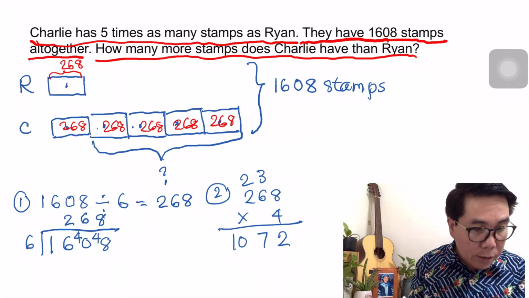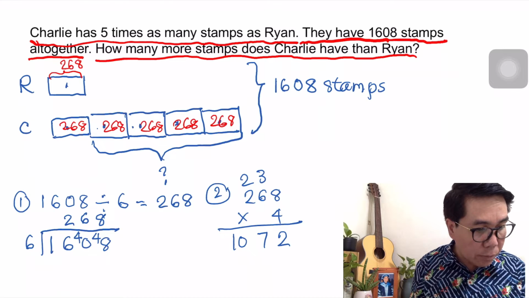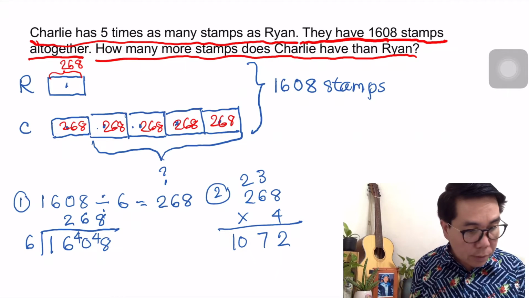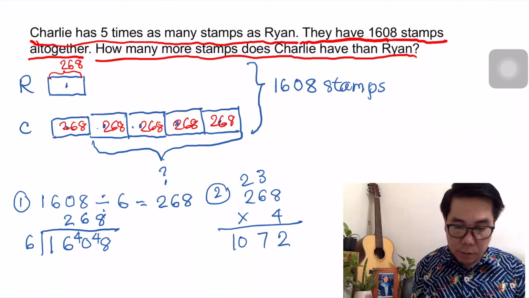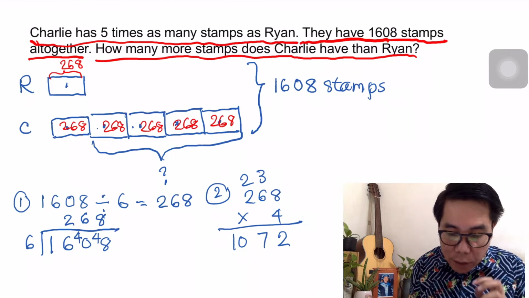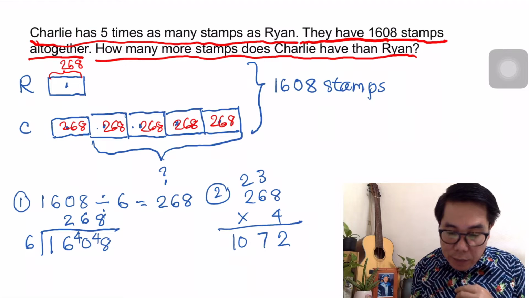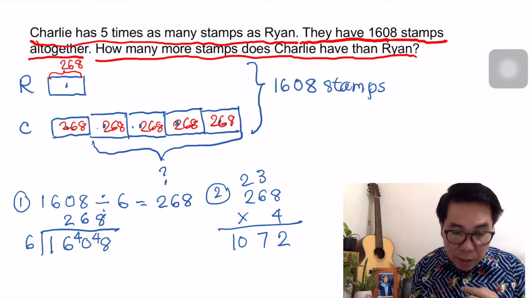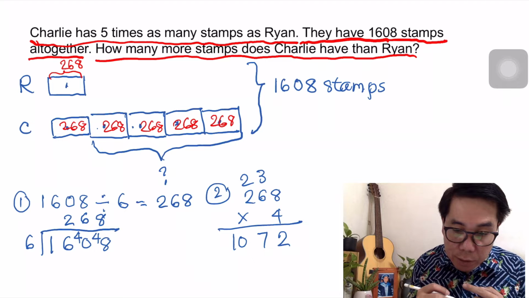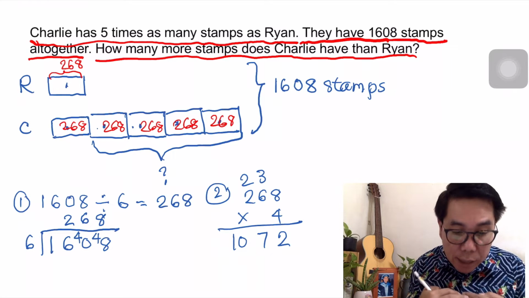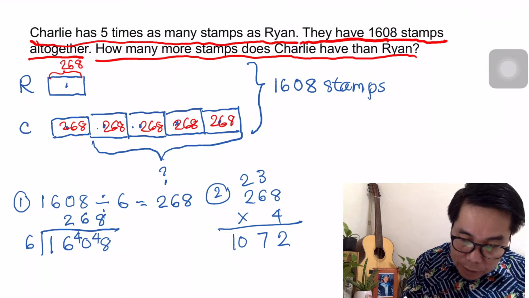So the answer is 1,072 rather. So 1,072 is now the more stamps. So that's the answer.